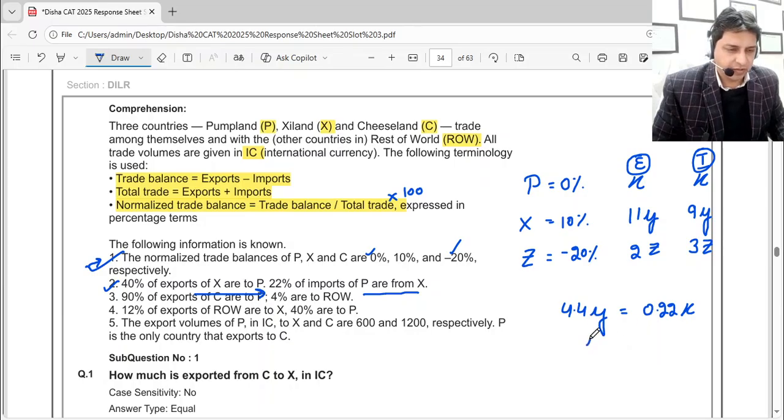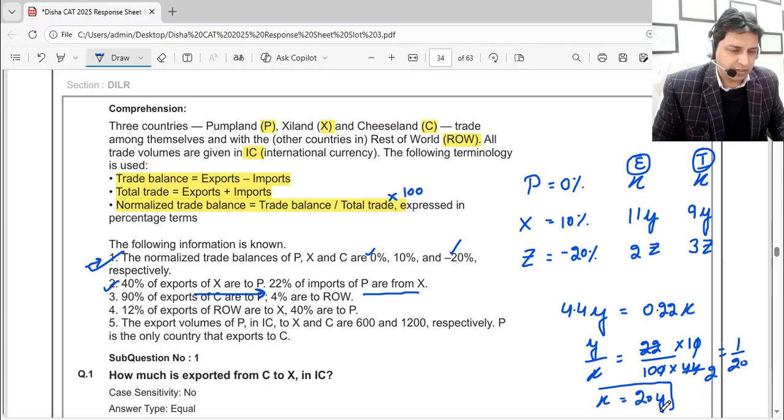Now we can solve this: y upon x is equal to 22 upon 100 divided by 44 by 10. This simplifies to 1 upon 20. That means x is equal to 20y.